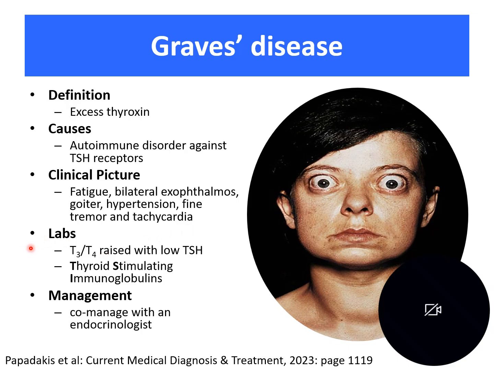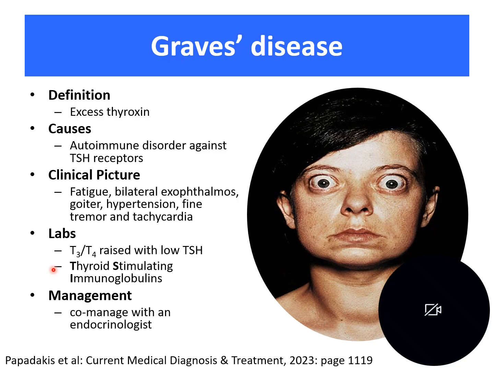Labs to be ordered obviously will be your thyroid function test. T3, T4 will be raised, and TSH would be concomitantly reduced. Also, if you order specific antibodies, remember these antibodies have two names.